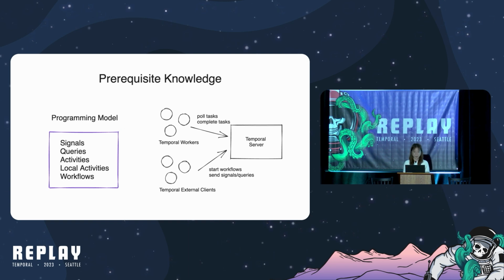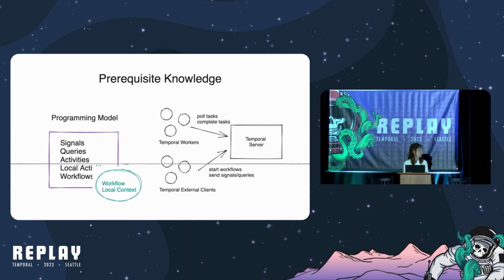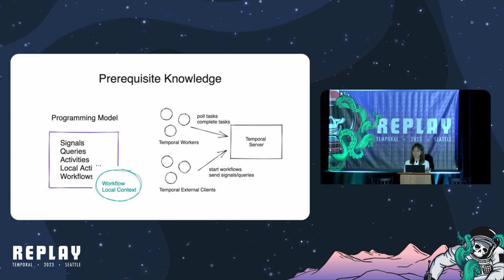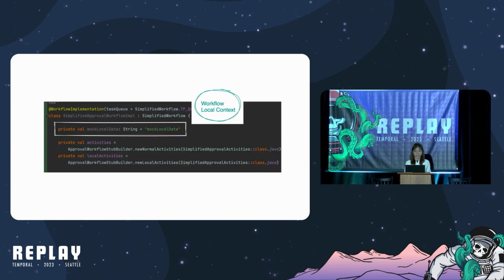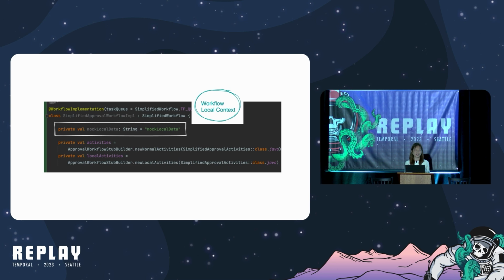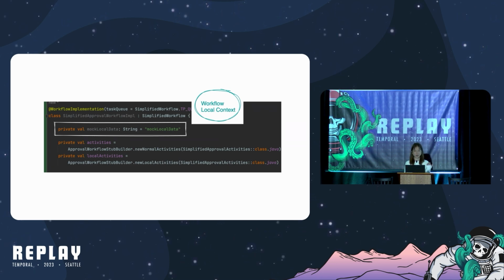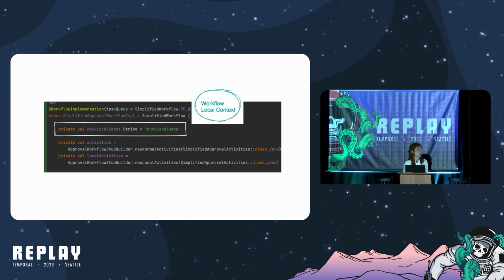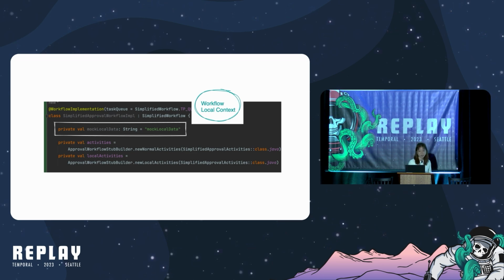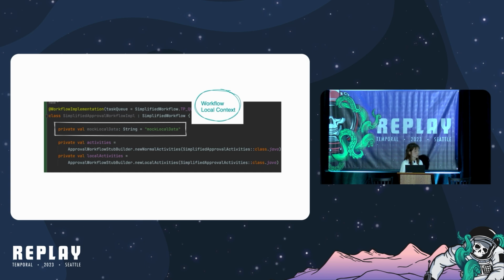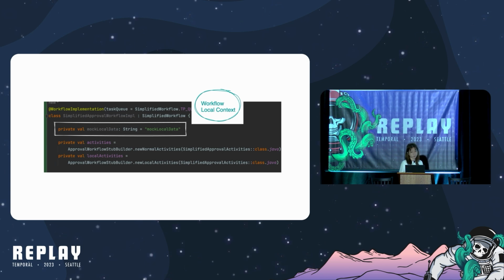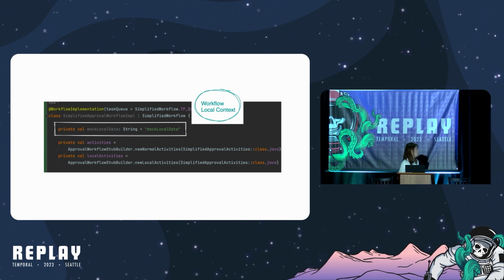The only concept I want to explain is the workflow local context, because I invented it myself. Local context refers to all the local variables inside the workflow definition. Here is an example of local context. It is written in Kotlin because Airwallex uses Kotlin a lot. It is a simple string in the workflow definition because this is a simple workflow.